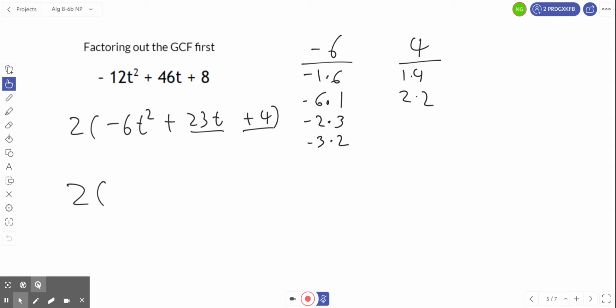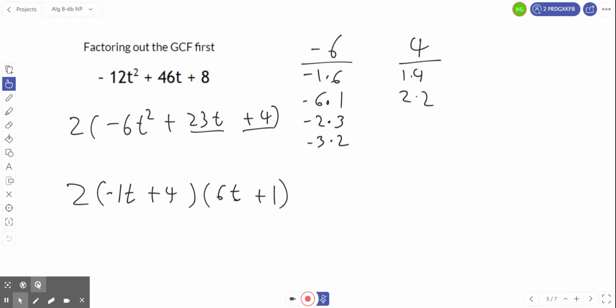I think if I do negative 1t, which I could also just write as negative t, and positive 6t, and I want plus 4 and plus 1.